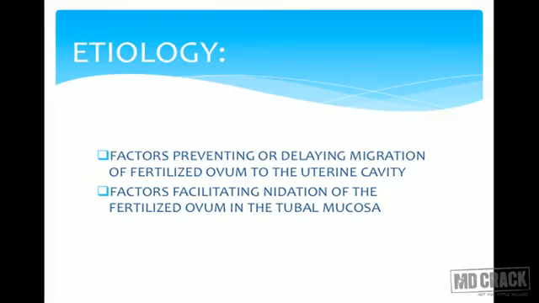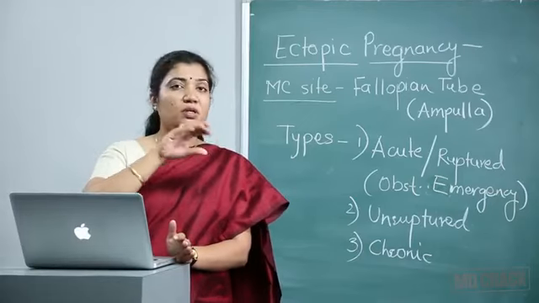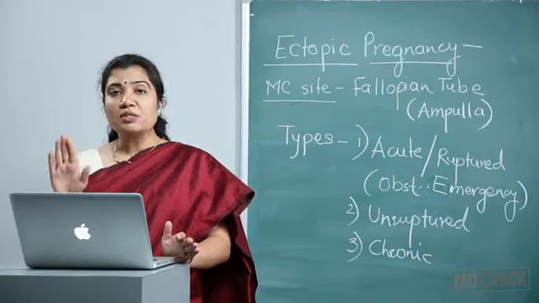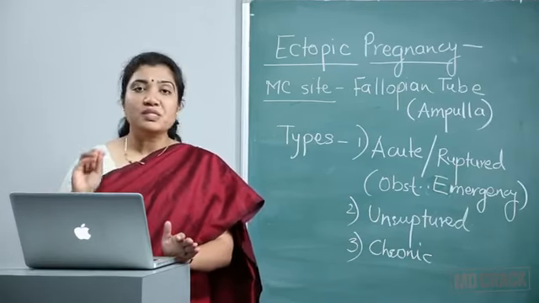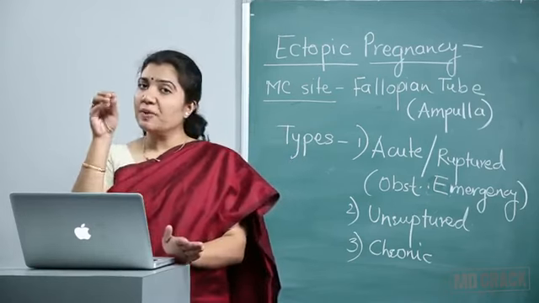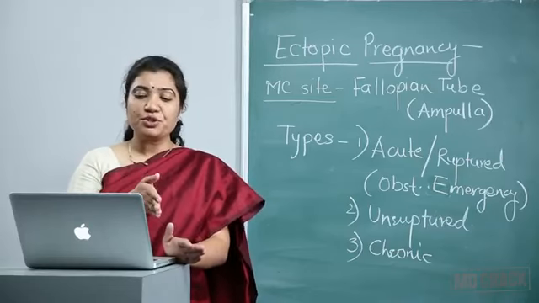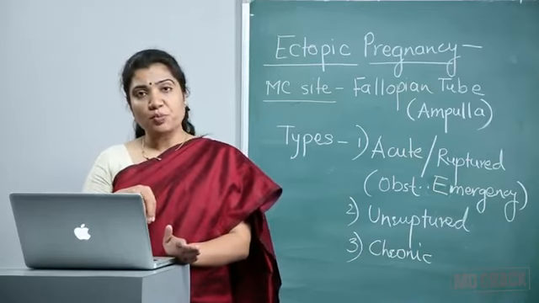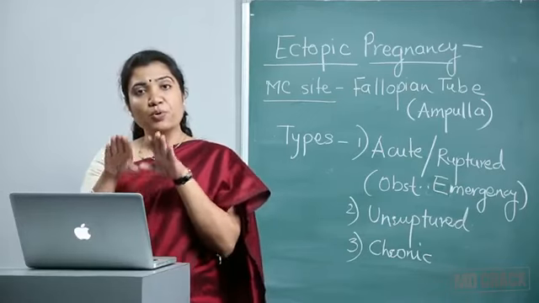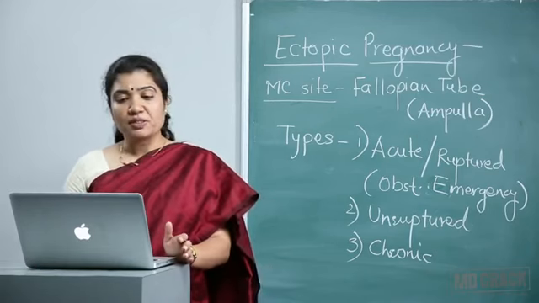Suppose there is any problem which avoids this, that means factors preventing or delaying the migration of the fertilized ovum from the fallopian tube to the uterine cavity, these factors will cause implantation in the fallopian tube itself. They are avoiding this transfer to the uterine cavity, so the implantation takes place in the tube itself. Or there can be factors which facilitate the nidation of the fertilized ovum in the tubal mucosa and thus the embryo remains over there.